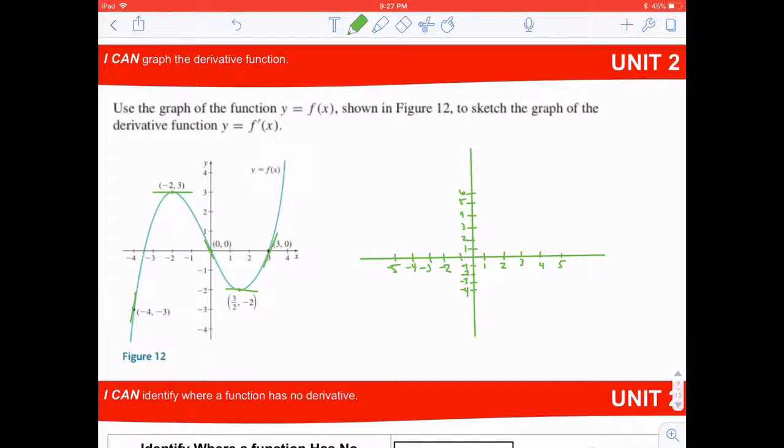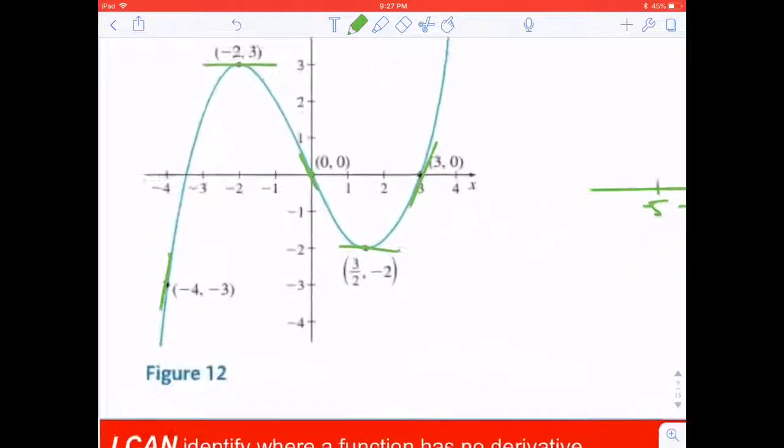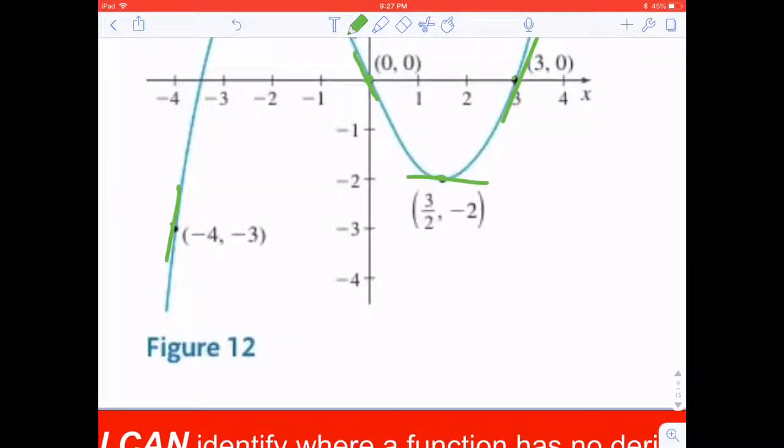Okay, so let's start out with this point here. -4, -3. We see that it's a positive slope because it's going upwards. And the line is rather steep. So we're going to estimate the slope to be close to 6. We'll just say m is equal to 6.